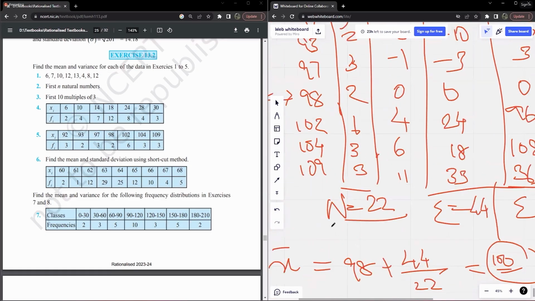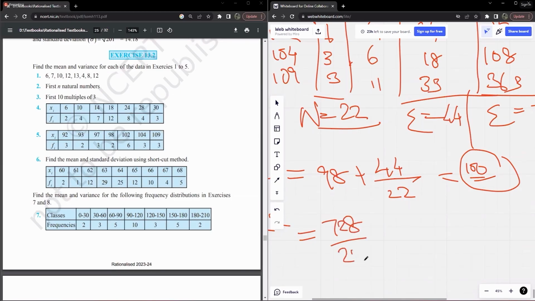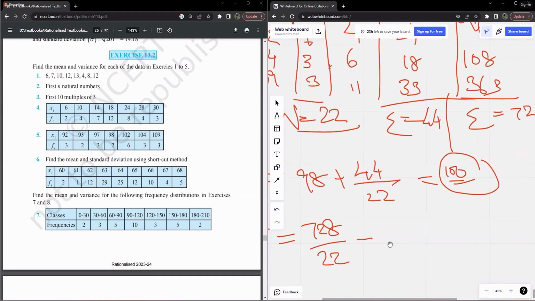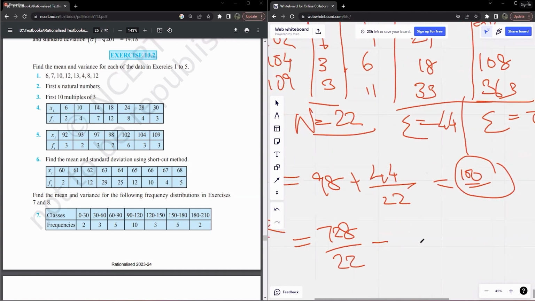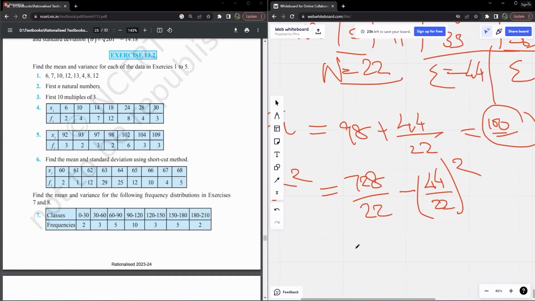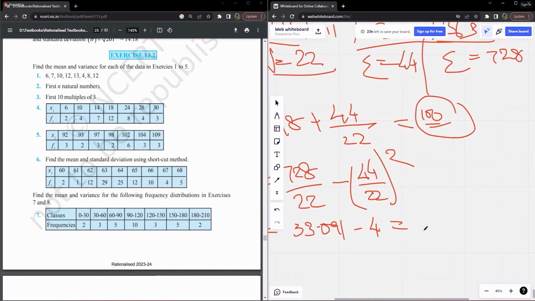So this is basically 728 divided by 22 minus, sigma fi di, that is going to be 44 by 22 the whole square. 728 by 22 is 33.091, because it's 33.090909, which I'm shortening as 33.091, minus 2 squared, which is 4, which gives me a value of 29.091 as my variance.